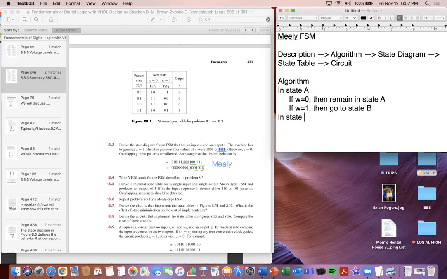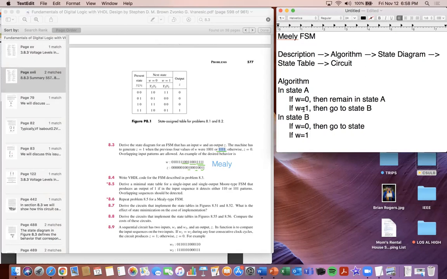So in state A, if W is equal to 0, then go to state, oh shoot, that's going to be the other case. I'm not going to fill that one out. I'm just going to fill out the correct one right now.